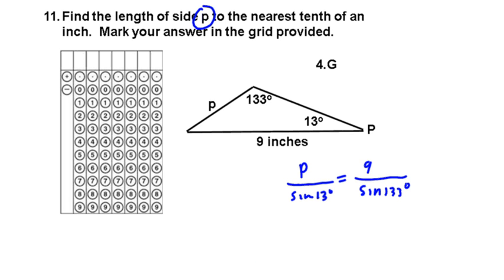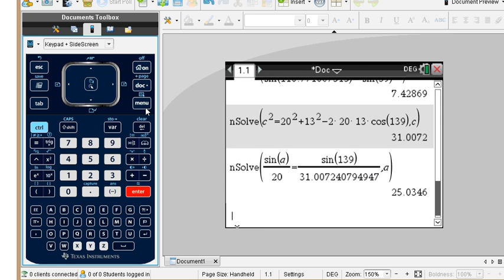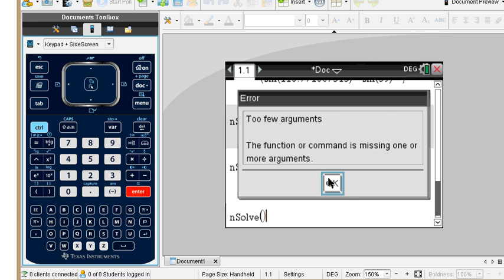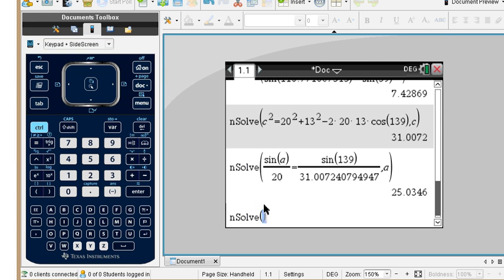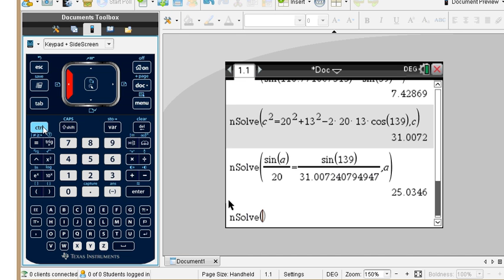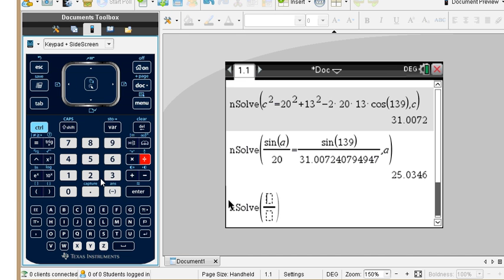Okay, so going to our calculator, menu 3.1, there we go, sometimes it prematurely does.